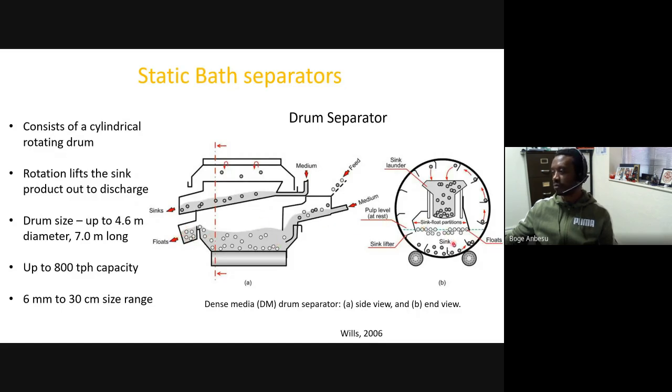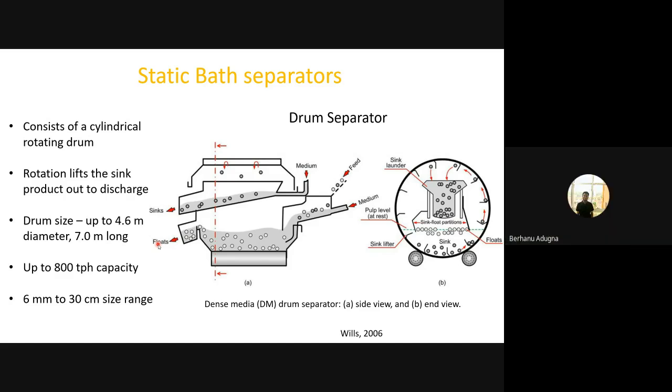As we said, the sink, or the heavy ones, were carried to the sink launder, and they will exit the drum through this mechanism here. So eventually you would have particles that are light and dense fed to the drum, sinks carried over to the sink launder and removed, while the floats that were not sinking will be carried over and discharged as well. So you could have separation of particles happening based on light and dense.